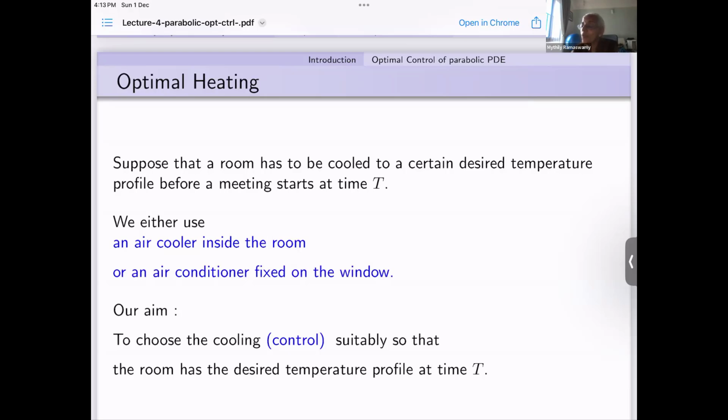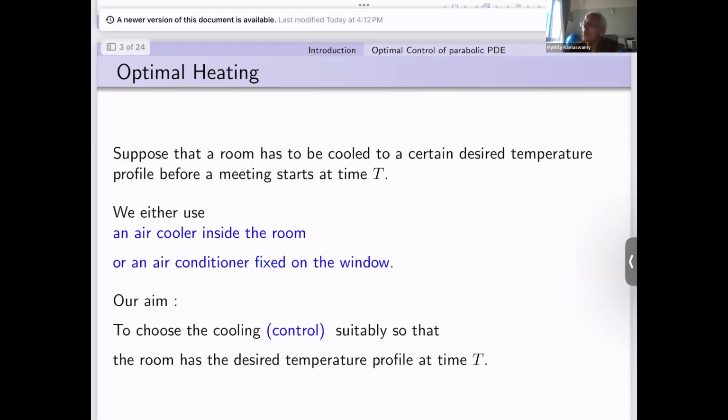If your air cooler is inside the room, it corresponds to the interior control. And if your air conditioner is fixed on the window, it corresponds to the boundary control. What is our aim? We want to choose the cooling, or the control, suitably so that the room has the desired temperature profile at time t, when your meeting starts. Okay, so this is the problem.